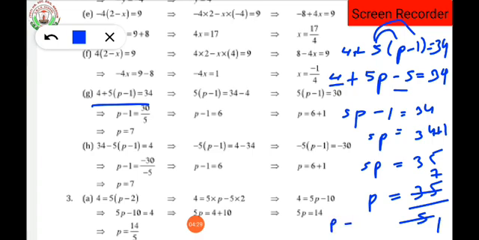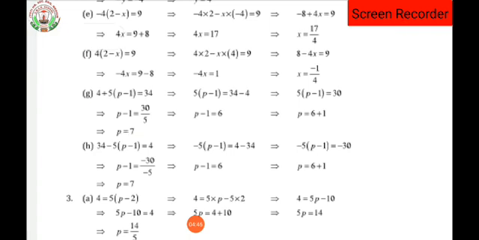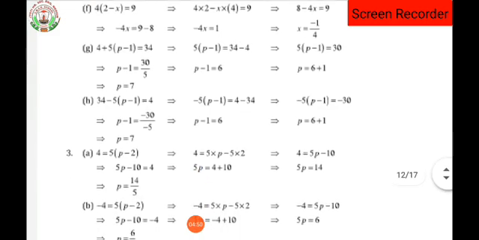So what value of p will we get? The value of p we will get is 7, p equals 7. Understood everyone? So dear students, whichever method you use, that method is correct, but the thing is that the answer should come right. Okay, now try to do the H part on your own.